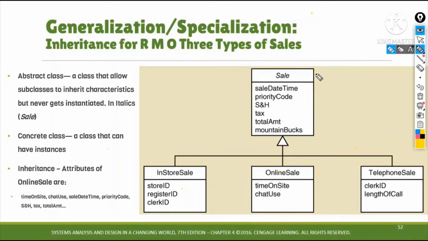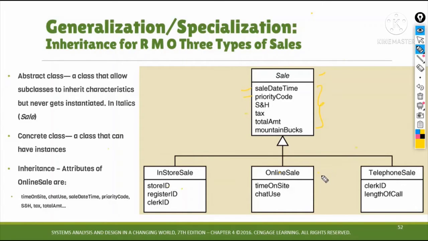The superclass is sale, and each member of the sale class has a sales date time, priority code, tax, total amount, and other attributes.